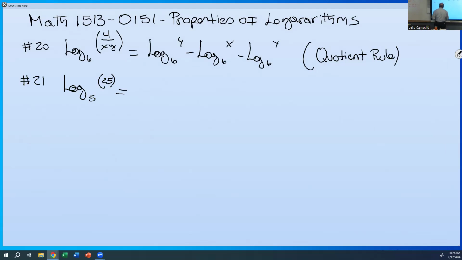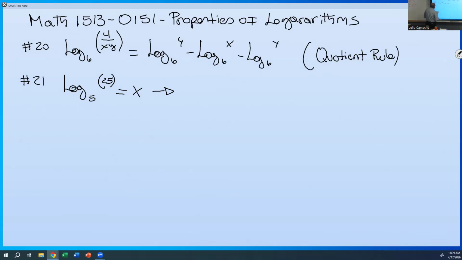Remember, every time that you have a logarithmic expression equal to something, you have to equal it to x, always. They said log of 5 of 25 equal, but they don't give you equal to what? You put the x.